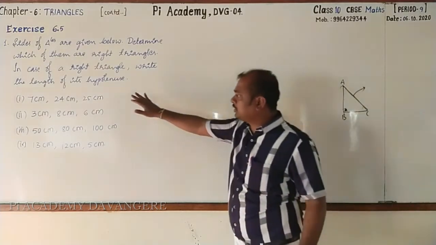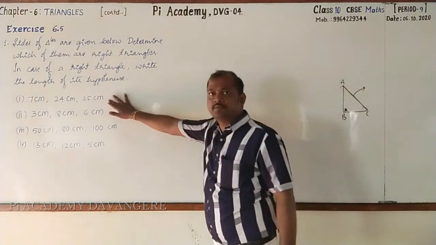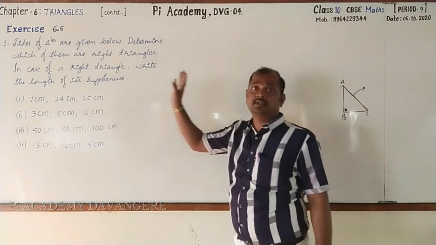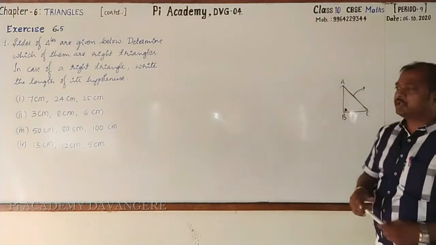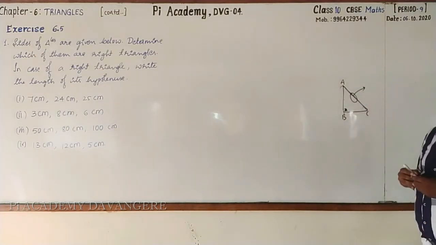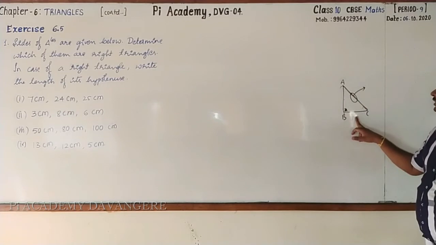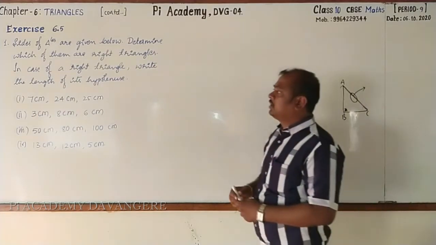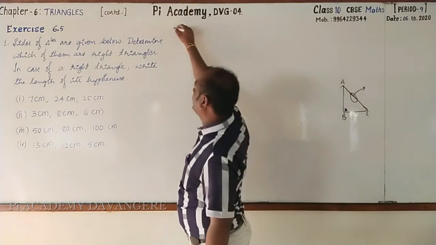If you want to call these the sides of a right triangle, the square of one side should be equal to the sum of squares of the other two sides. Another very important thing is, in any right triangle, the hypotenuse is greater than the other two sides. Followed? Look here. Let's verify one by one.